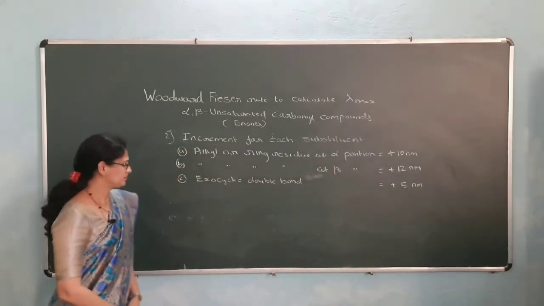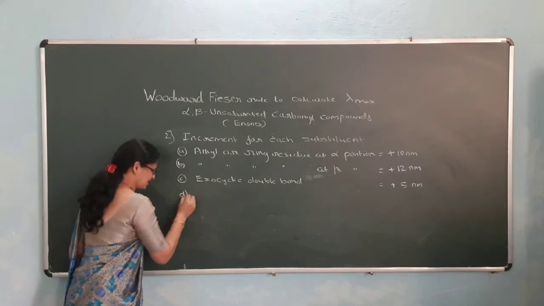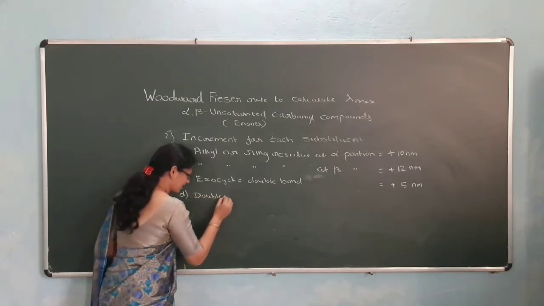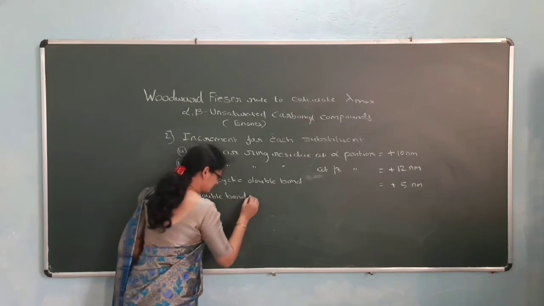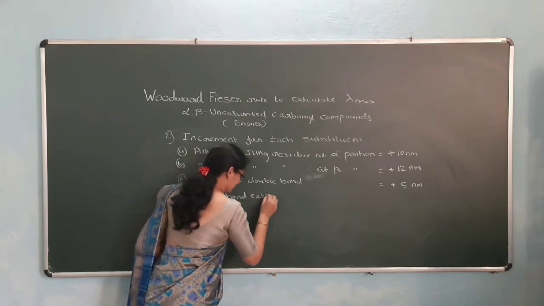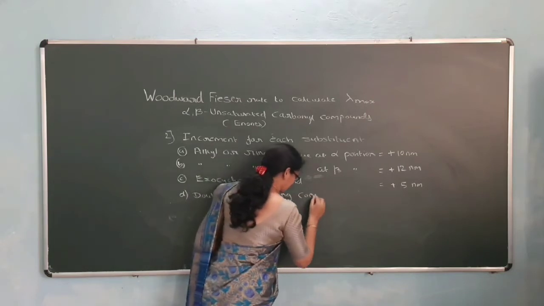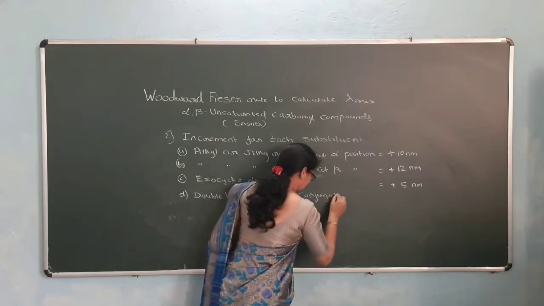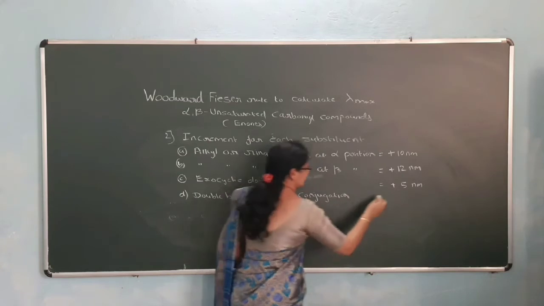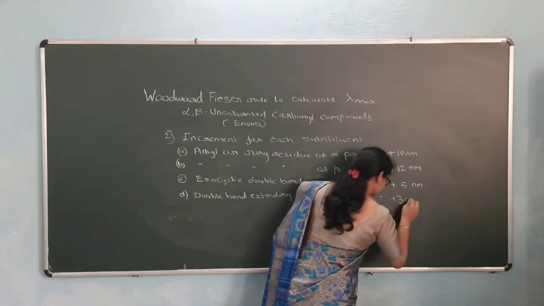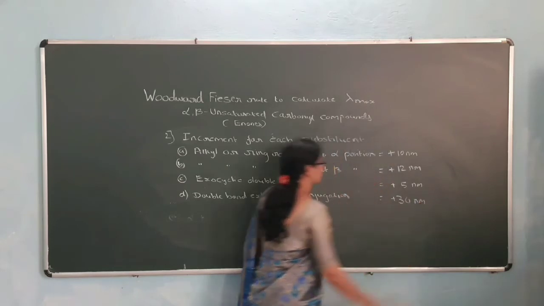The next, a double bond extending the conjugation, is plus 30 nanometer.